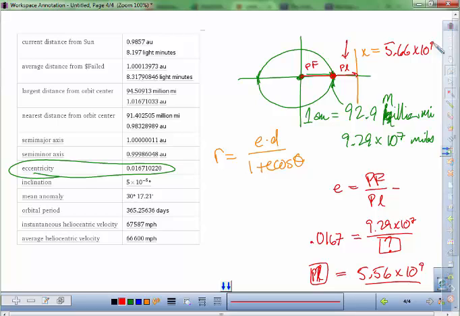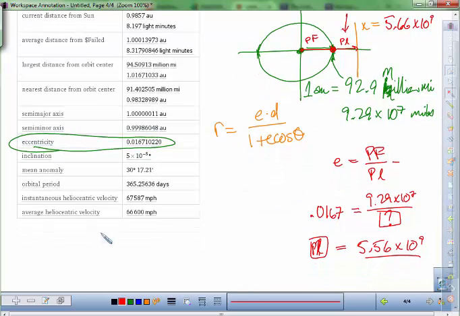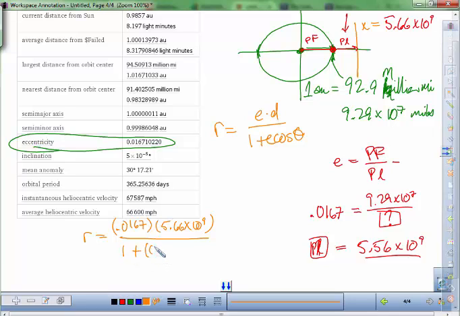So now that we have that, we could just plug it into the formula. Our r is equal to the eccentricity, 0.0167, times the directrix, which we found to be 5.66 times 10 to the 9th power, divided by 1 plus 0.0167 times cosine of theta.